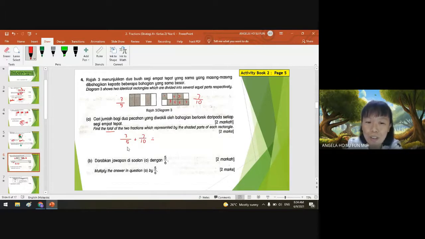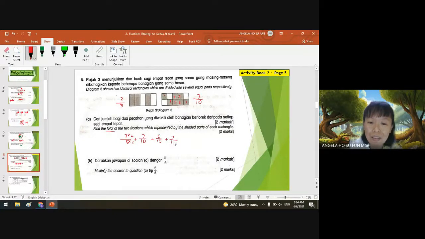So make sure the denominators are equivalent. So this is times 2. This also times 2. So 3 times 2, you get 6 over 5 times 2 is 10, plus 7 over 10.